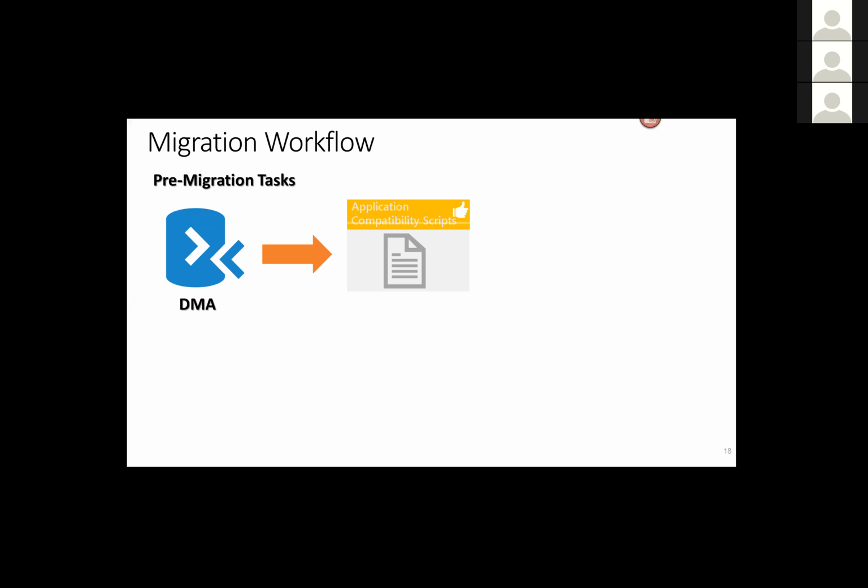We ran DMA, which gave us all the compatibility issues or the feature parity issues, and we rewrote some of the code. We fixed all the issues, and we extracted the application compatibility scripts, which will make the SQL database running on your older instances, 2008 R2 or 2005, compatible with Azure SQL DB.